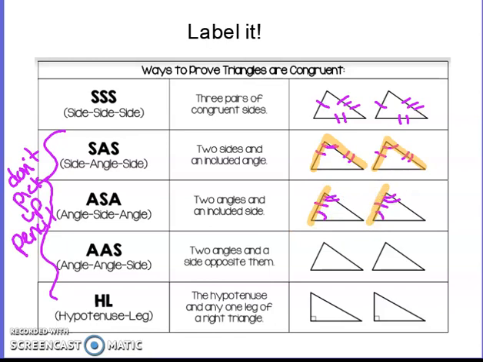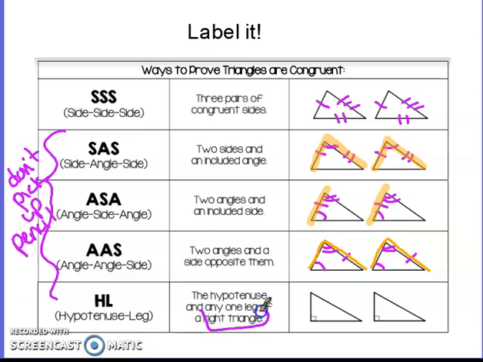Angle-angle-side, again: I need two angles, but in this case my side comes after my second angle, so it's going to be my long side here. I hit my angle, I hit my angle, and then my side, without picking up the pencil. I didn't have the side between the two angles, because that would be angle-side-angle.